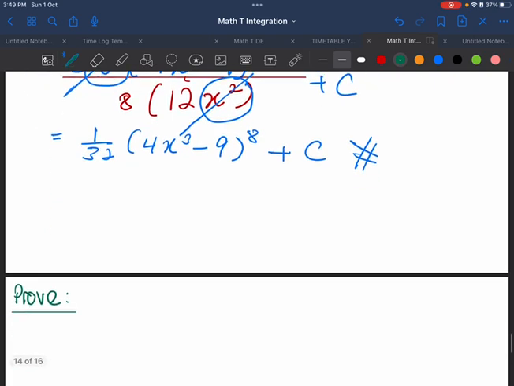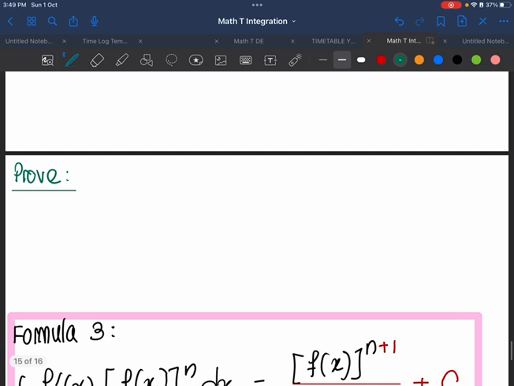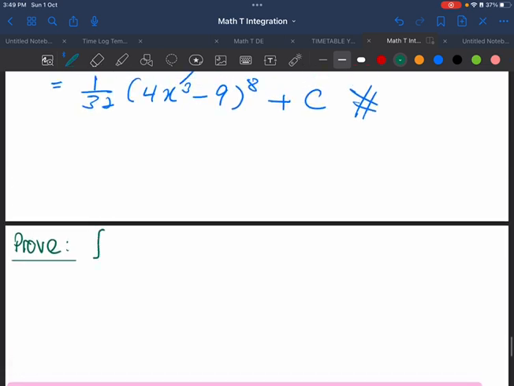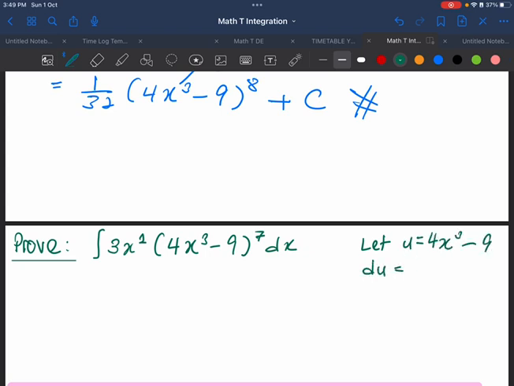If you don't believe me, you can try to prove it by using substitution. If you use the substitution method, it will be a bit long, but you can try it. Let's say I do it one more time, with the power 7 dx. You let u equal 4x cubed minus 9. So your du is equivalent to 12x squared dx. You put the dx on the right hand side. Now you substitute: you get 3x squared, which I copy back first, okay?